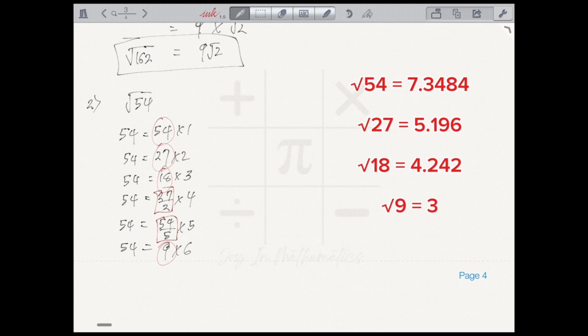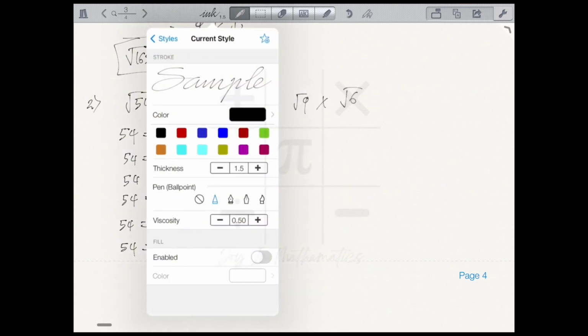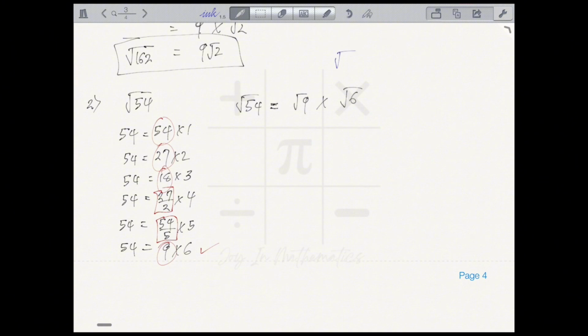No. But for 9, there is a definite square root. So we are going to be going with this. So we are saying that root 54 will be equal to root 9 multiplied by root 6, because we are applying the multiplication rule of surds that says root AB is equal to root A multiplied by root B.